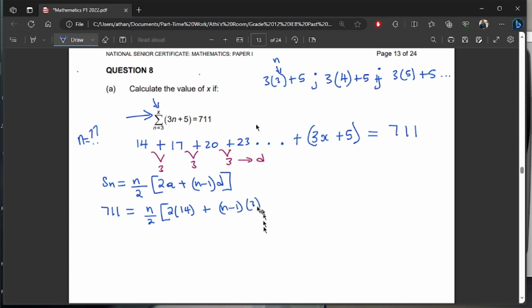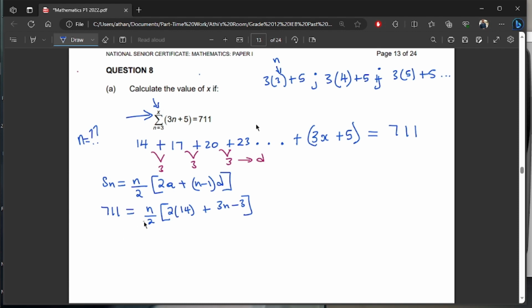To simplify things, I'm going to multiply this 3 using the distributive method. So it's 3n minus 3. We can just remove that and write the simplified one. We said it's 3n minus 3, and that's what I get. Now to find the value of n, we're just going to do cross multiplication.